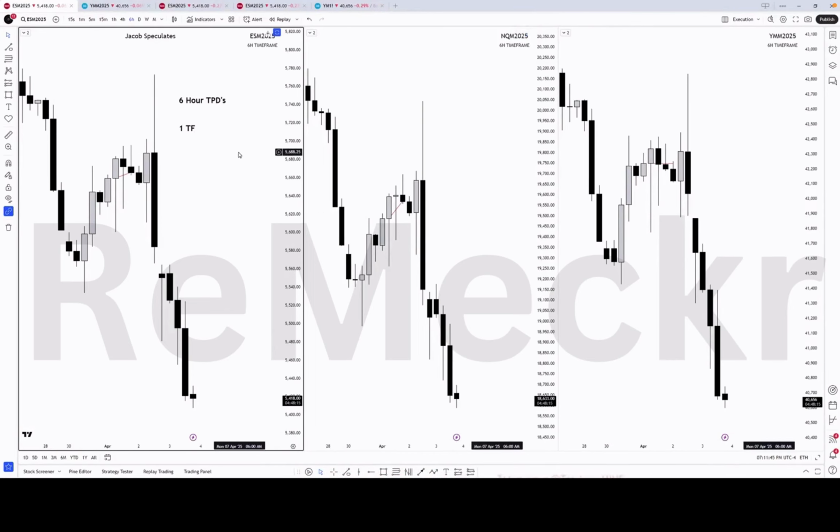Now we're just differentiating whether the S&P is the one in the middle or the Dow is the one in the middle. If we look at the open of candle 1 and the close of candle 3, you're not going to be able to see this, but you'll see what I'm talking about. But we can see that the S&P is the one in the middle.